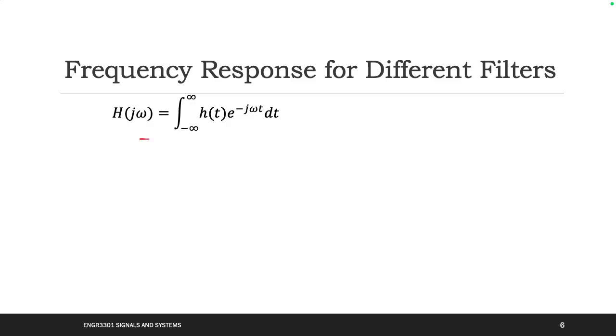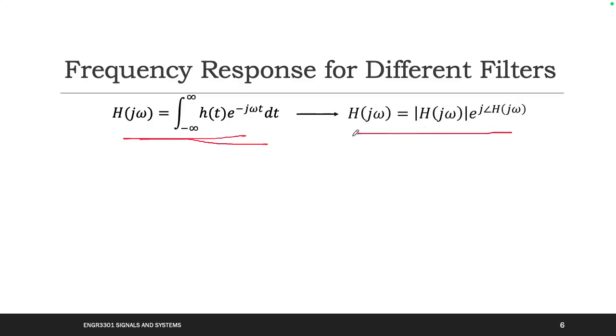And then let's talk about this one. You can see this is just a coefficient that you want to multiply. We also know this one can be represented as the Fourier transform coefficient, am I right? It can be represented in magnitude and phase.